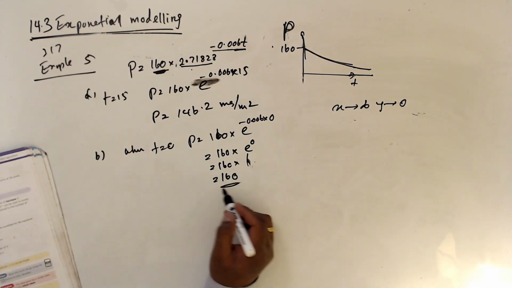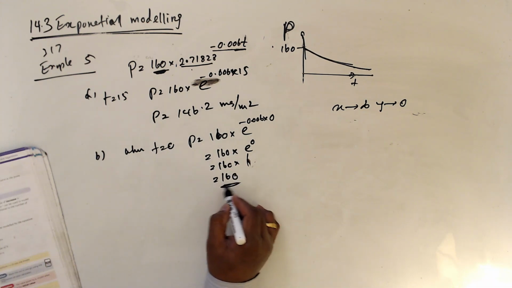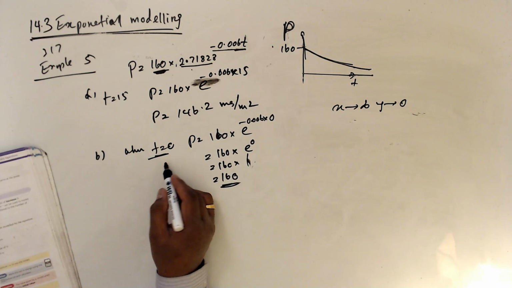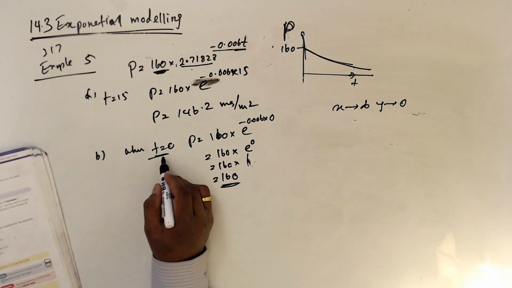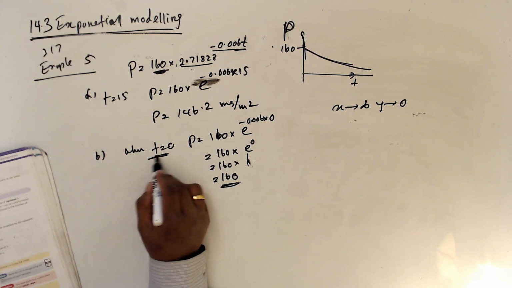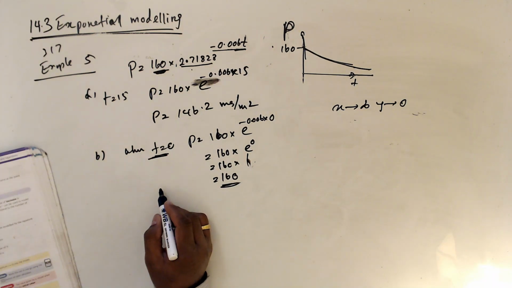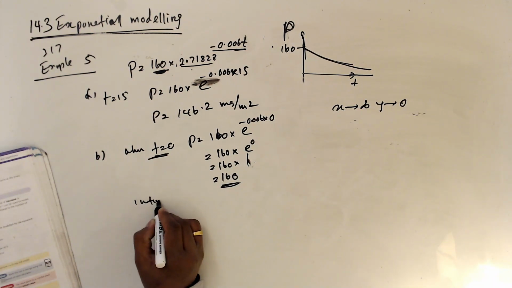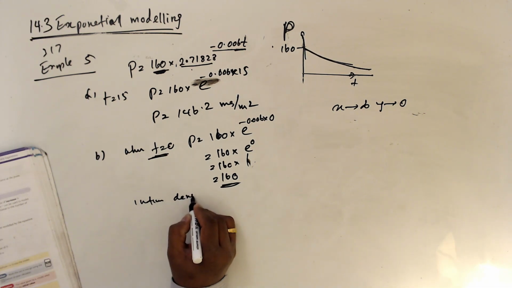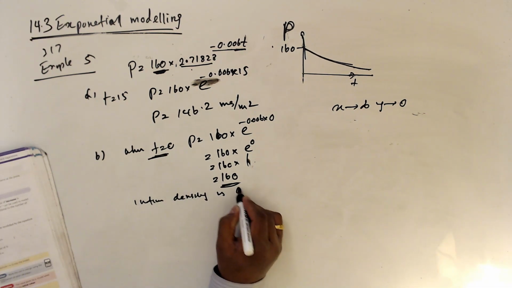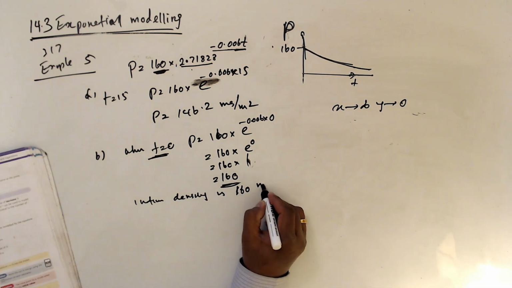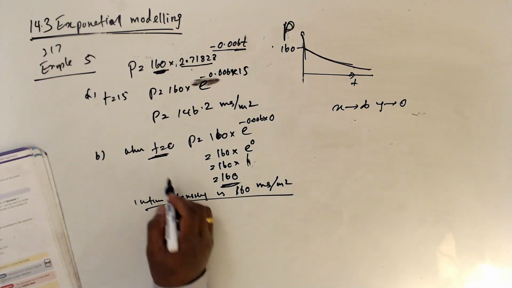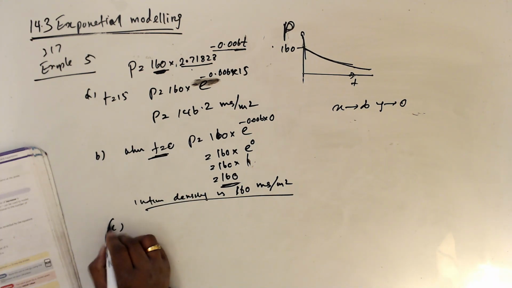So this is the initial density when T equals 0. So we use this as an initial value, the starting value. So the initial density is 160 mg per square meter. Initial value, starting value.